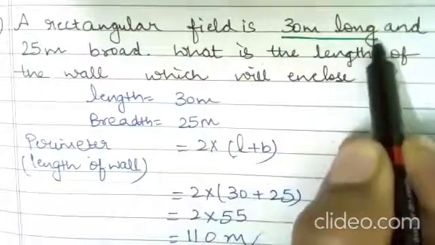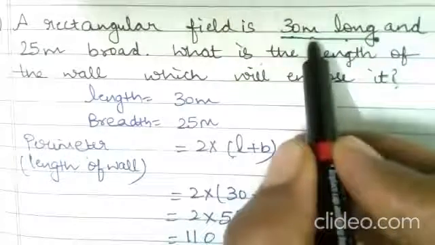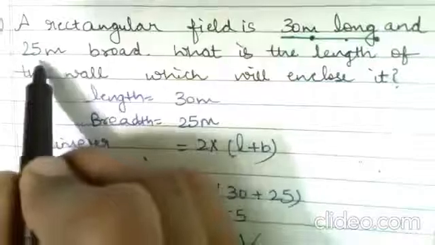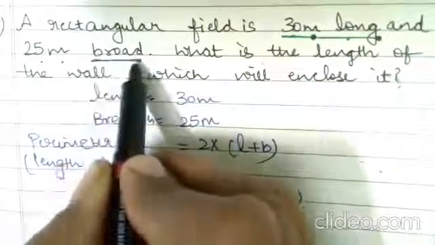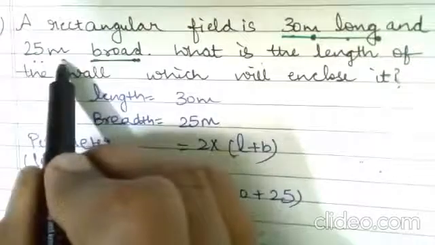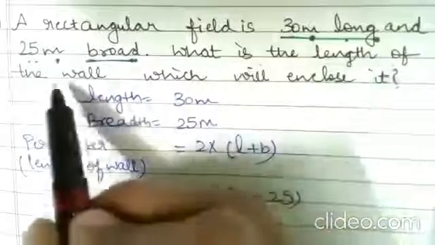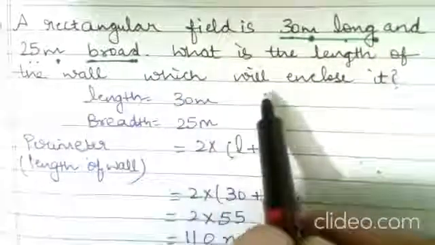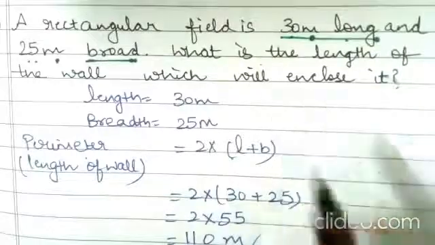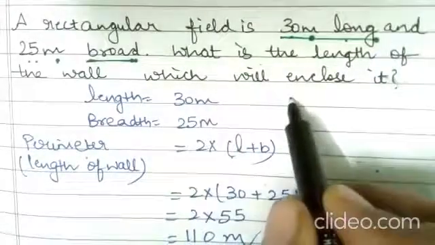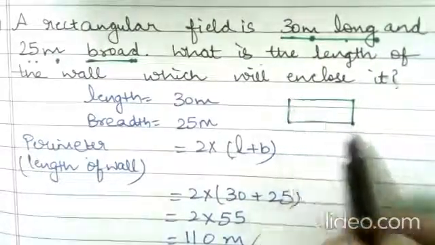The next question is, a rectangular field is 30 meter long. Long means length 30 meter is given to you, and 25 meter broad means breadth 25 meter is given to you. What is the length of the wall which will enclose it? Means we have to find the total length of the wall.